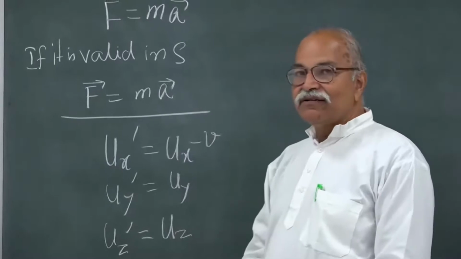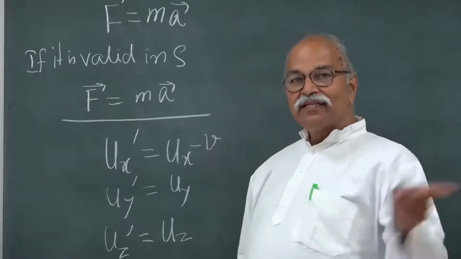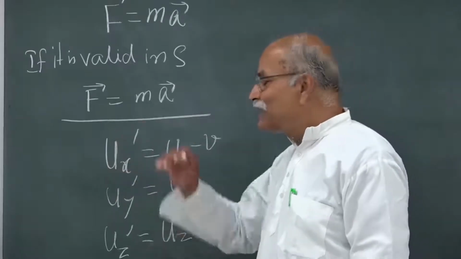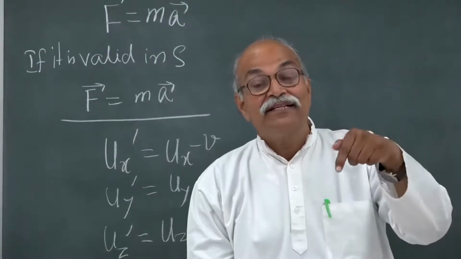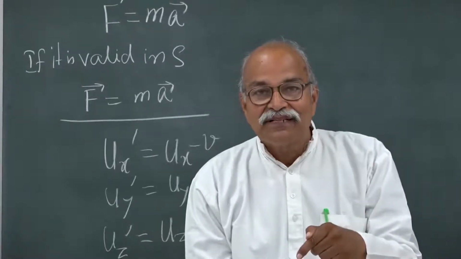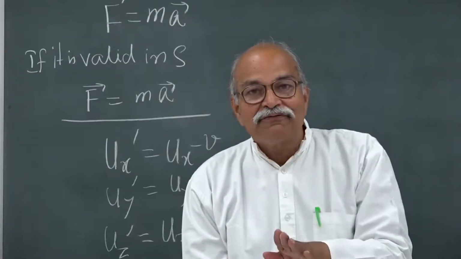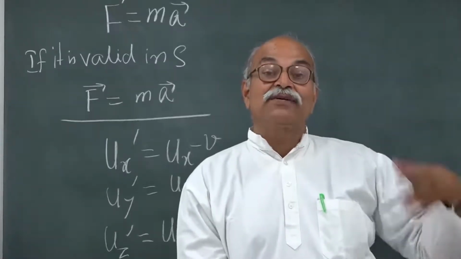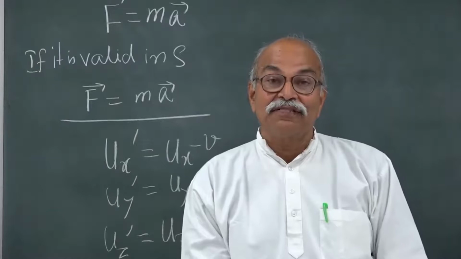So, if I calculate speed, square root of ux square plus uy square plus uz square, speed in S frame and speed in S prime frame can never be equal, but in case of light they have to be equal. So, that means the Galilean transformation is okay for Newton's law, but Galilean transformation is not okay for optics laws or Maxwell's laws or electricity, magnetism, electric field, magnetic field laws.